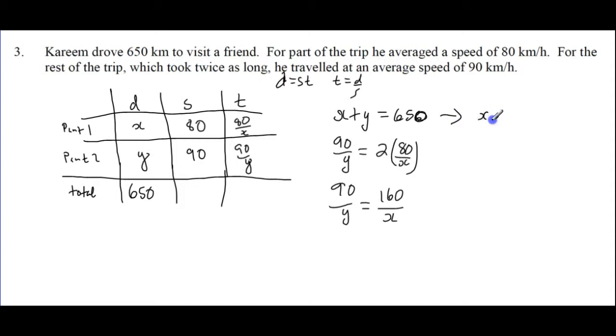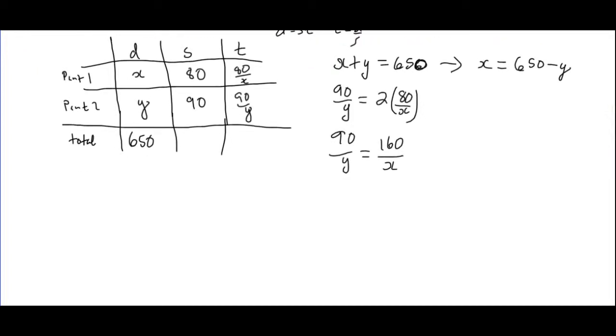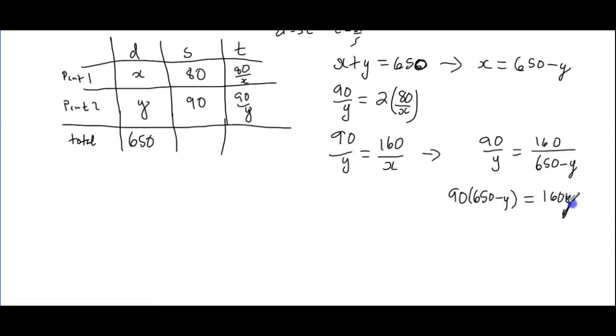And from this here, we'll go x is equal to 650 minus y. And we're going to go down to here, and we're going to substitute. So instead of x, we'll write 650 minus y. We're going to cross multiply these, right? So 90 times 650 minus y is equal to 160y.